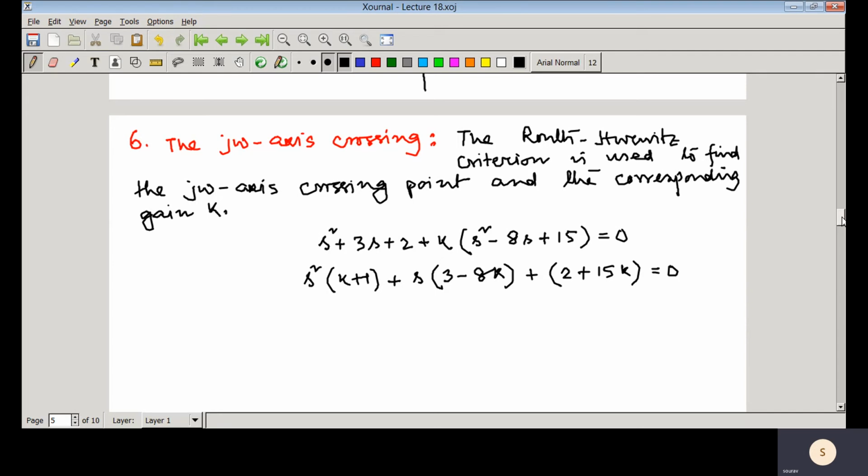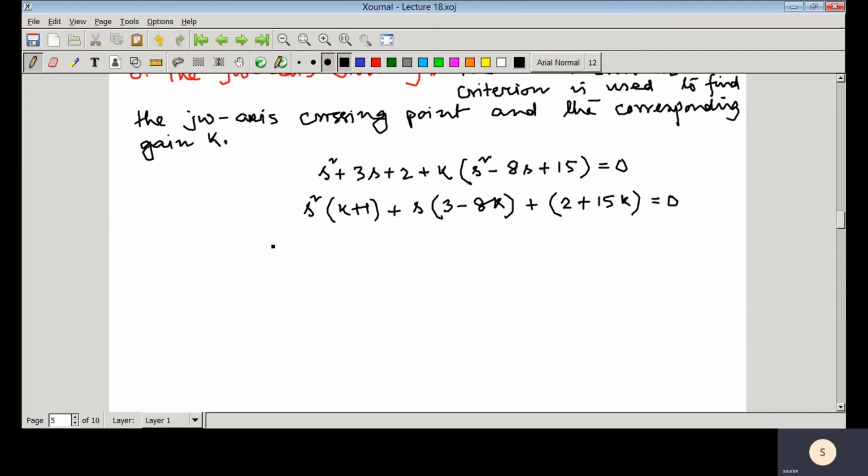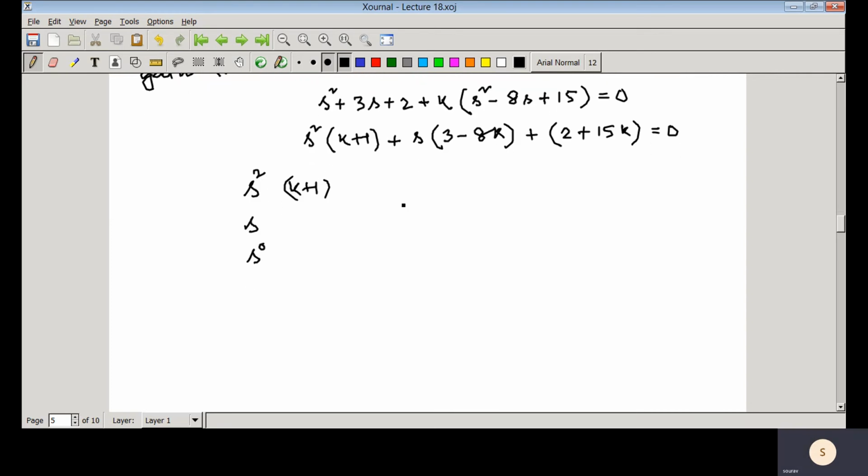This is the characteristic equation, and then we form the Routh table with s square, s1 and s0. So s square has K plus 1 and 2 plus 15K, then s1 has 3 minus 8K, and s0 has 2 plus 15K.